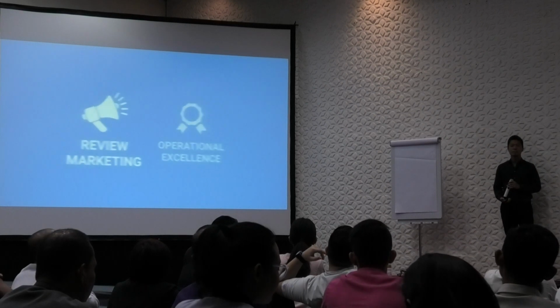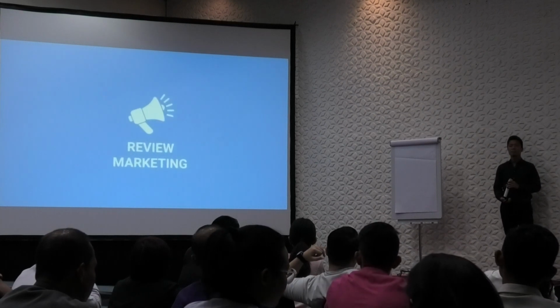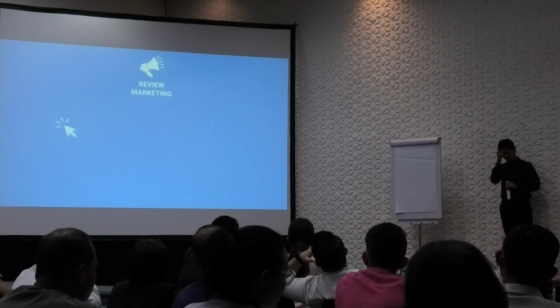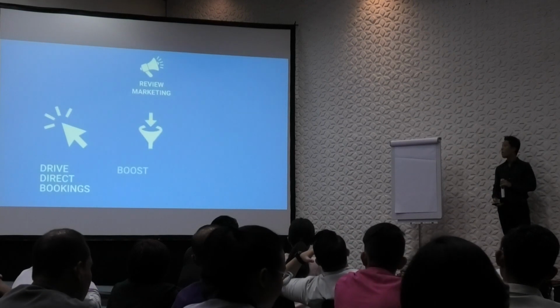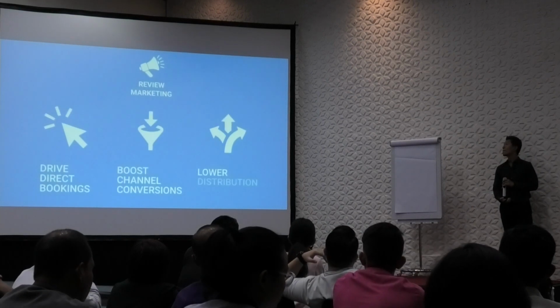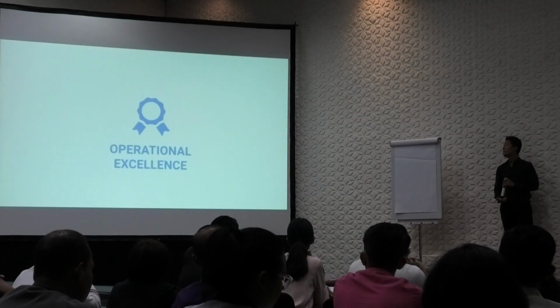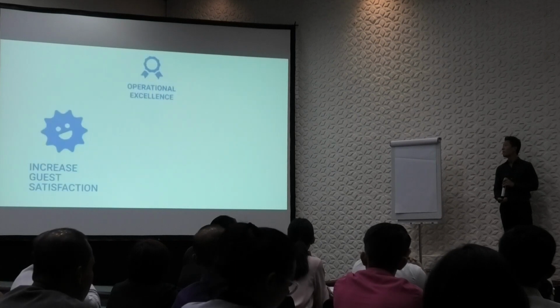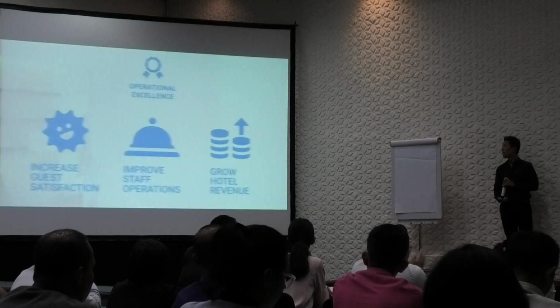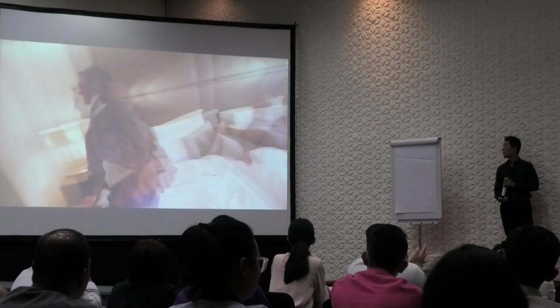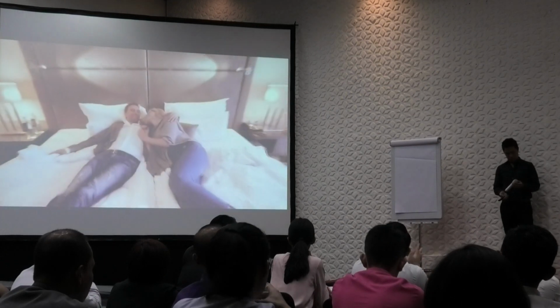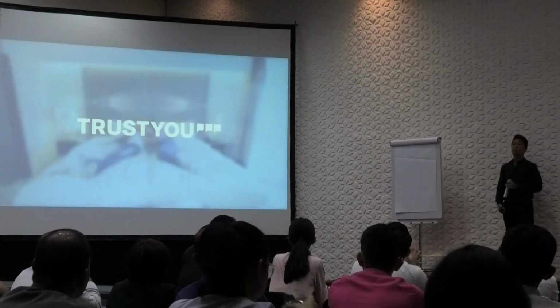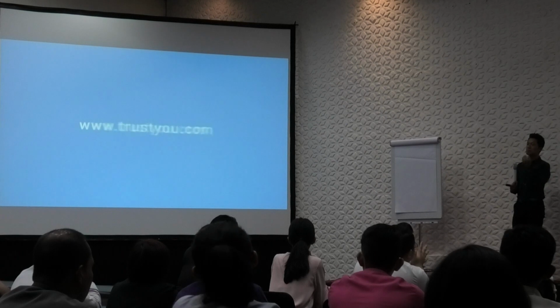The review marketing features help to achieve 3 important hotel goals: driving direct bookings, boosting channel conversions, and lowering your distribution costs. Hotels can also use the platform to meet their operational excellence goals, increasing guest satisfaction, improving staff operations, and ultimately growing hotel revenue. Tap into the world's largest guest feedback platform and start a free trial today.